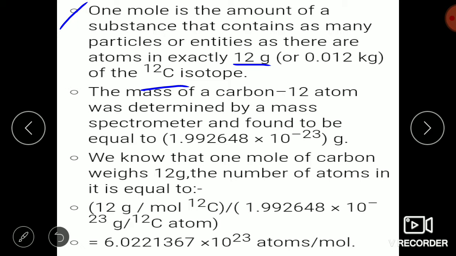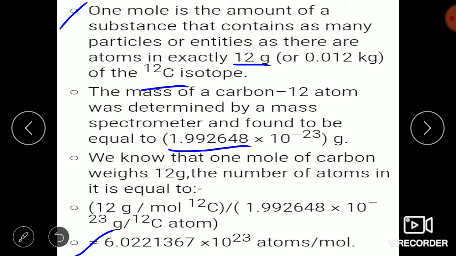Next, the mass of a carbon-12 atom was determined by a mass spectrometer and found to have the value 1.99 into 10 to the power minus 23 gram. So what we can do is multiply this mass with a number to get a fixed number. We know that 1 mole of carbon weighs 12 gram.